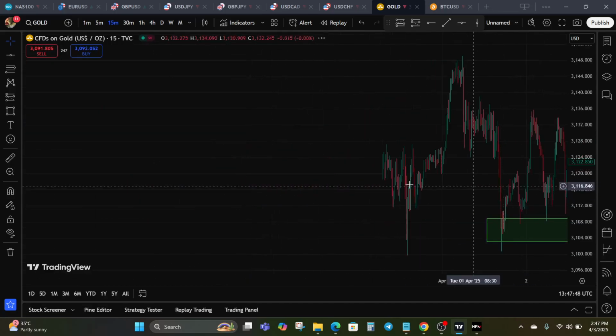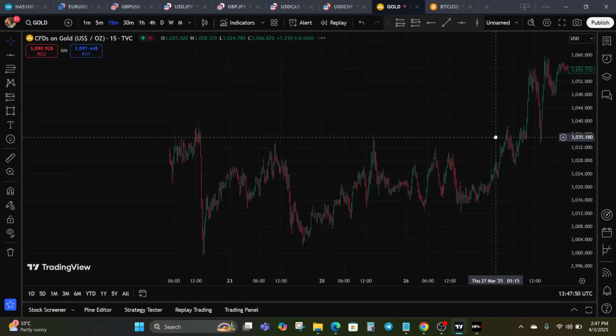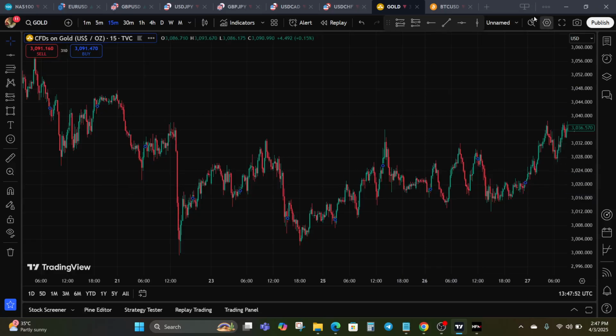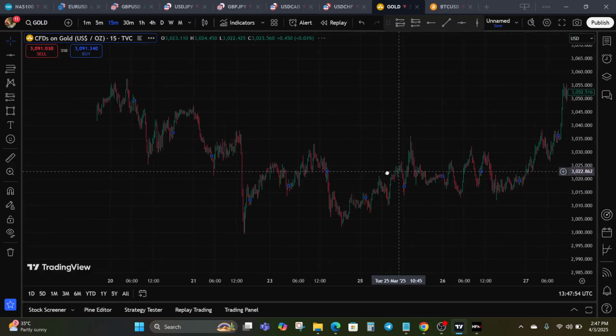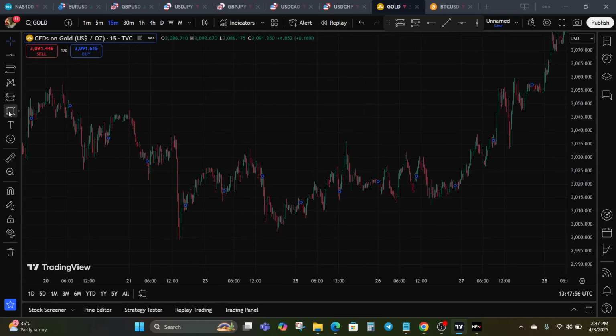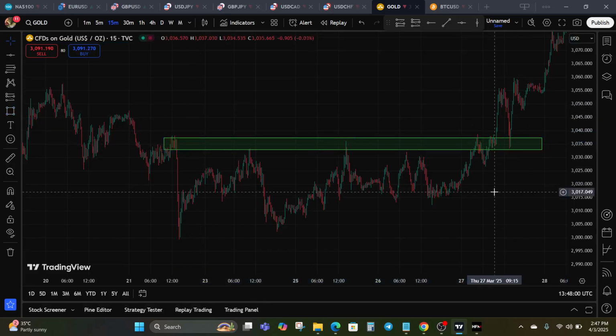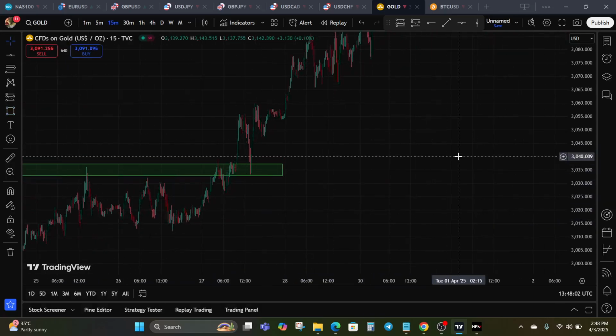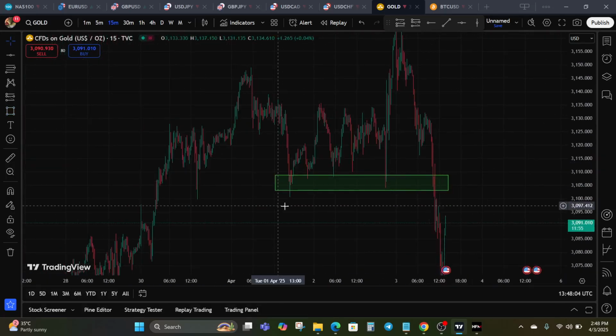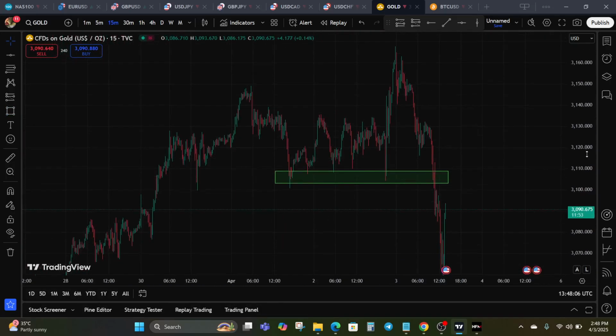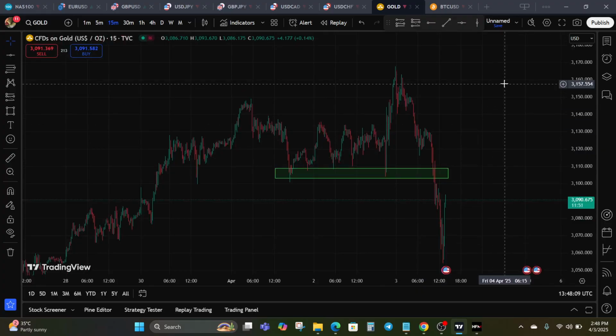On the other hand, when price moves beyond a resistance zone, that is also regarded as a breakout. So whether it is a breakout from a resistance or a breakout from a support, it presents good trading opportunities.